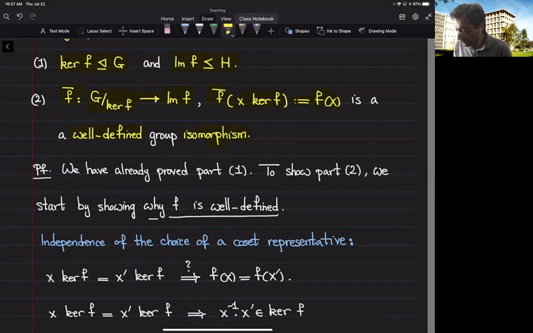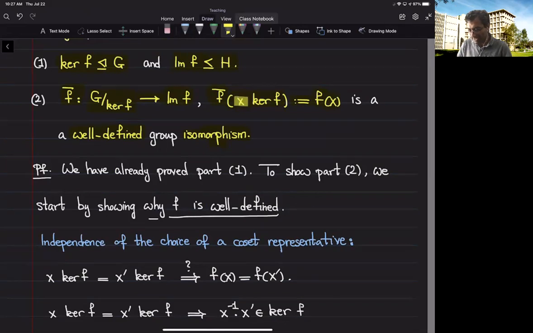Now, we want to show that F bar is well defined. Again, let's think about what the issue is. The issue is that here I'm giving you a coset. This coset is a set, but then I am picking one element out of this set and telling you how to compute this only based on that element.